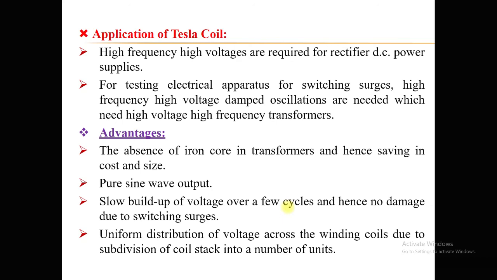So it provides a better degree of uniformity of the electrostatic field stresses across each stack, and better safety to the insulation of the winding itself. So these are the advantages of the Tesla transformer.